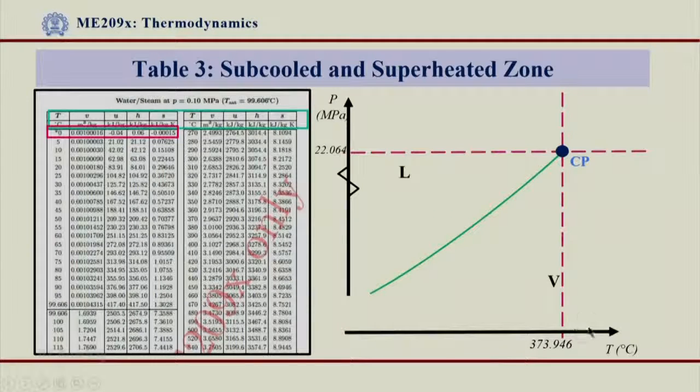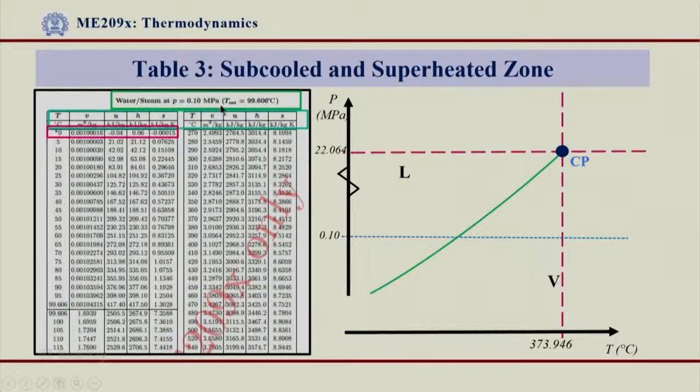Now, this is our PT diagram, and with reference to it, we can understand what is shown in this table 3. As I have shown here, this page is for pressure equal to 0.1 MPa. I just draw a horizontal line here for pressure equal to 0.1 MPa. This page gives the properties of all the states that lie on this line. Also see that the title gives the Tsat value at 0.1 MPa.